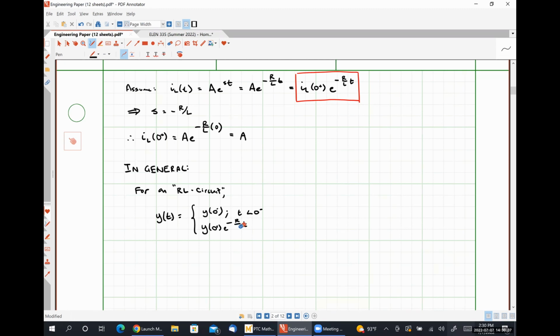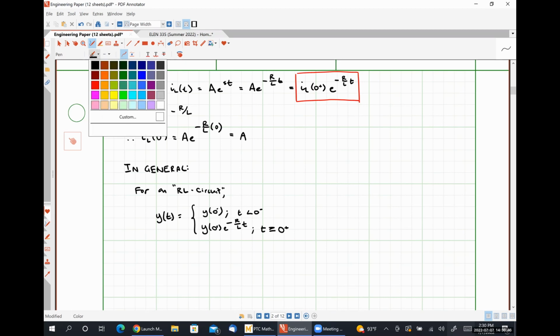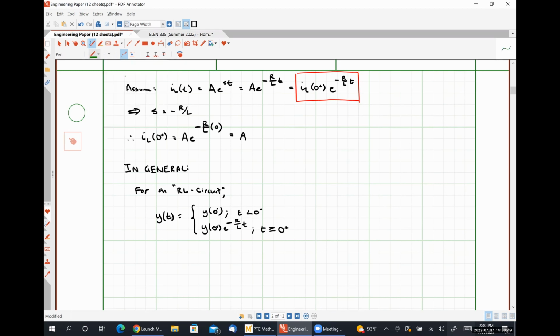Let me make sure that L looks like an L. For t greater than or equal to 0 plus. This generic equation works for any resistor voltage, resistor current, inductor voltage, or inductor current in an RL circuit.